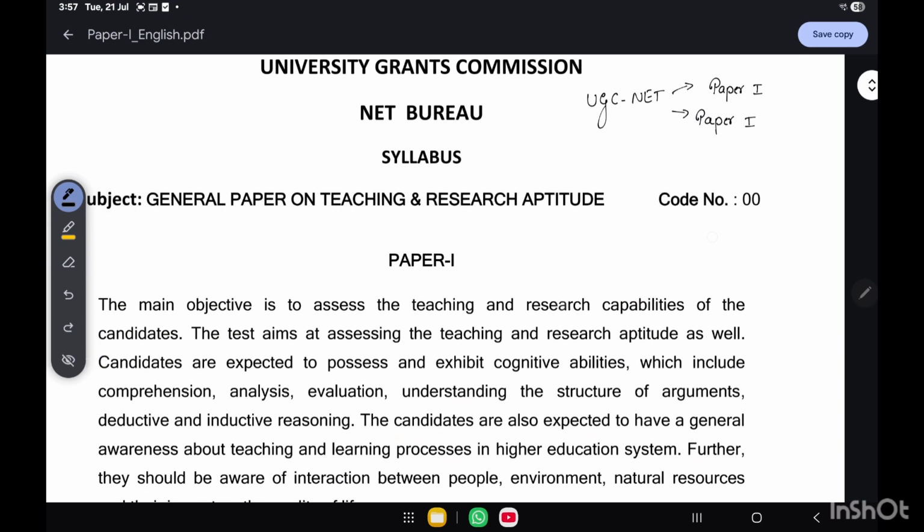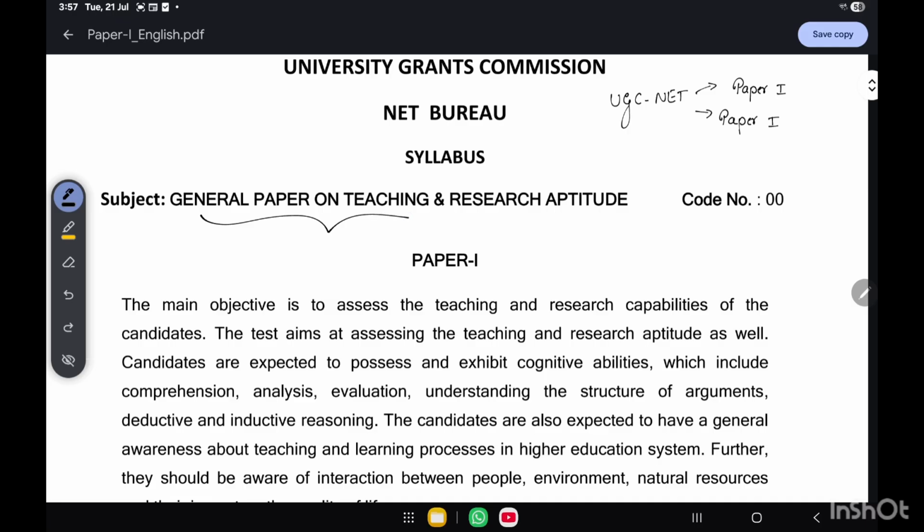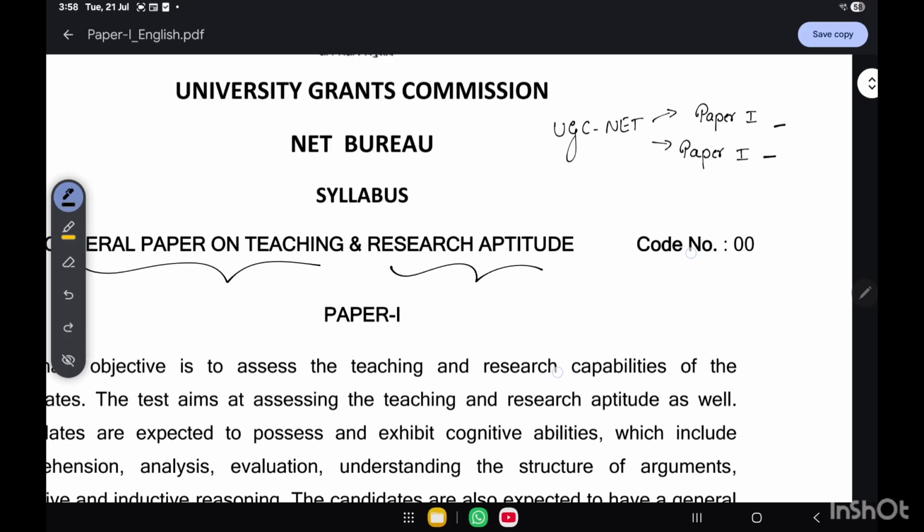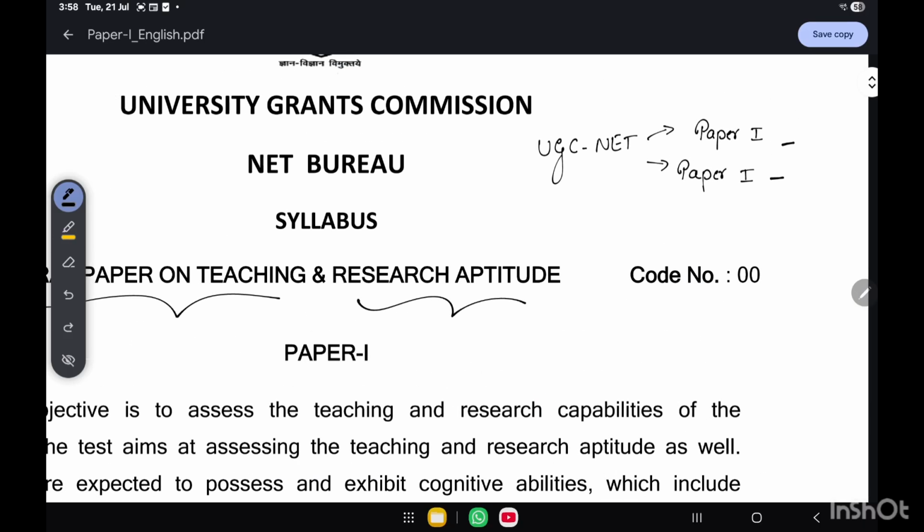In paper 1 you have a general paper on teaching and research aptitude, and in paper 2 you will have your subject. It might be economics, Kannada, Hindi, political science, like that. The mode of the exam is CBT, that is a computer based test.